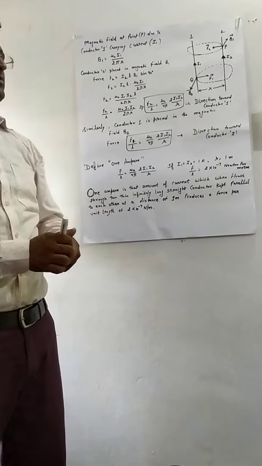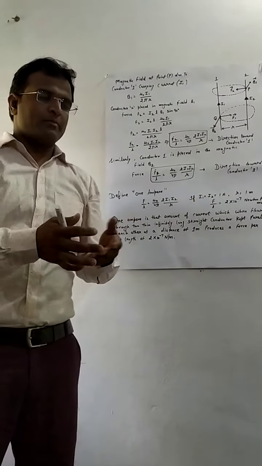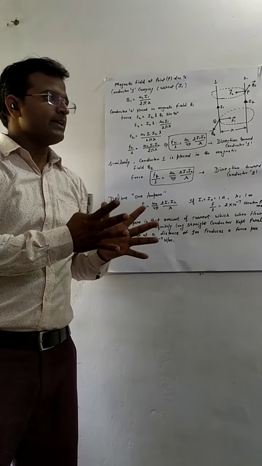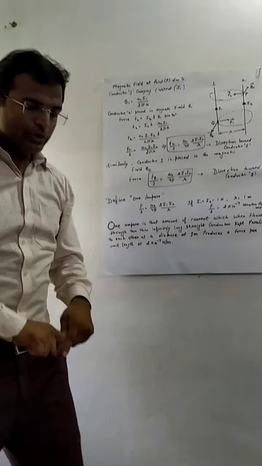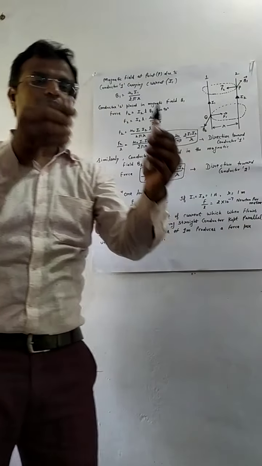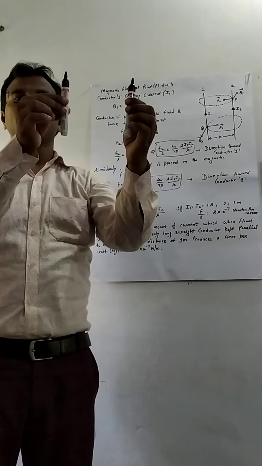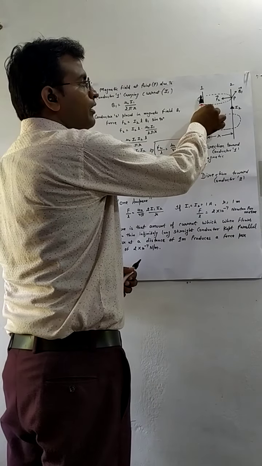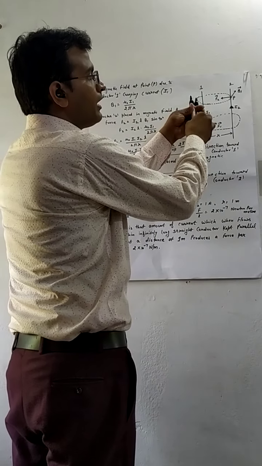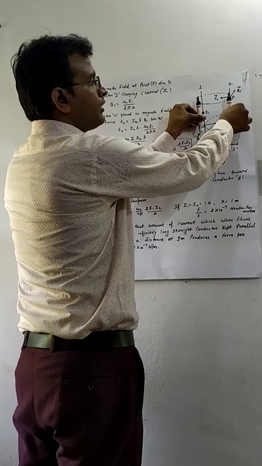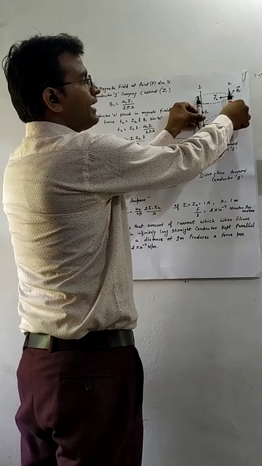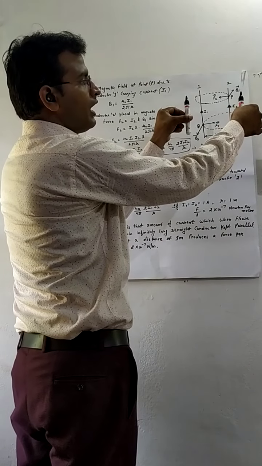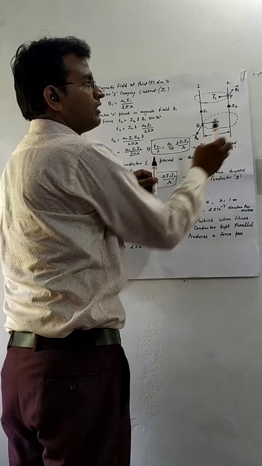Next topic, we wrote the heading, force between two parallel current carrying conductors. Now there are two conductors, 1 and 2. Conductor 1 and conductor 2 are placed at a distance r.